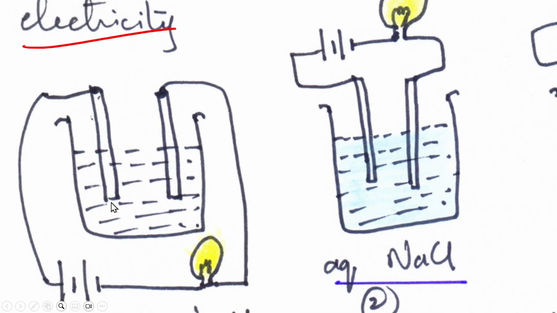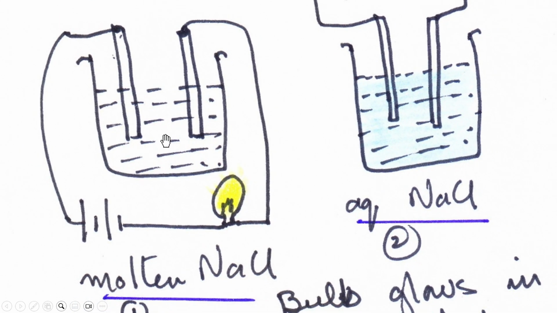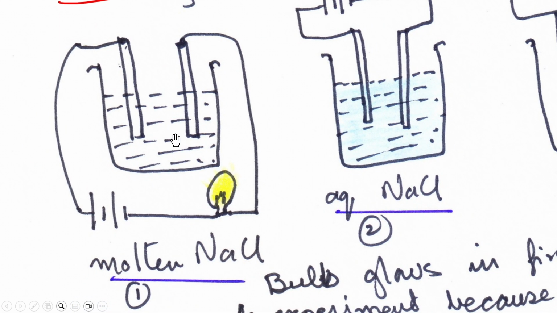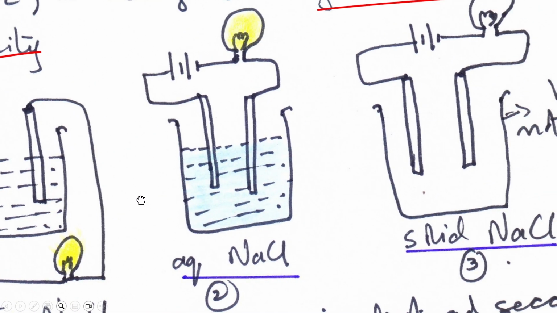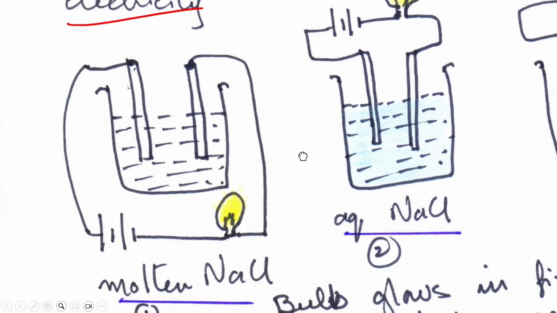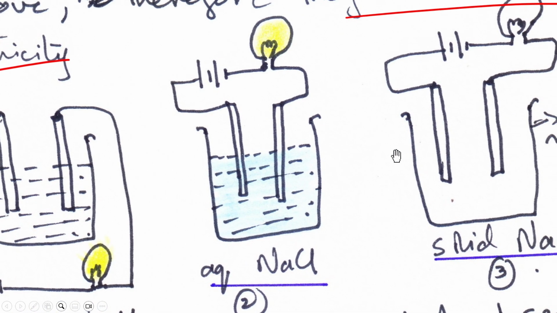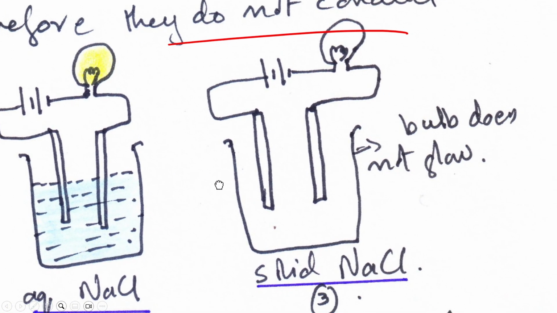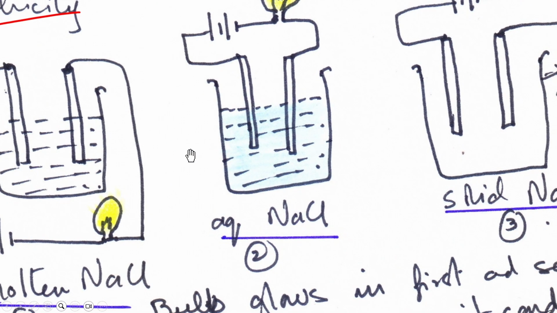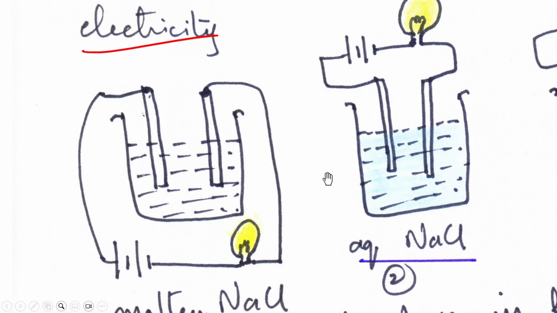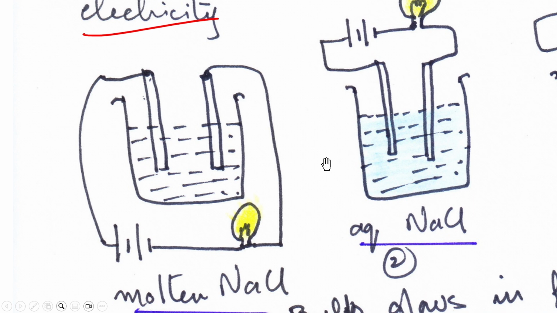Now I have drawn three diagrams, 1, 2, and 3. We have molten sodium chloride, aqueous sodium chloride, and solid sodium chloride. You can see there are two electrodes attached to a battery, and in the circuit we have a bulb.